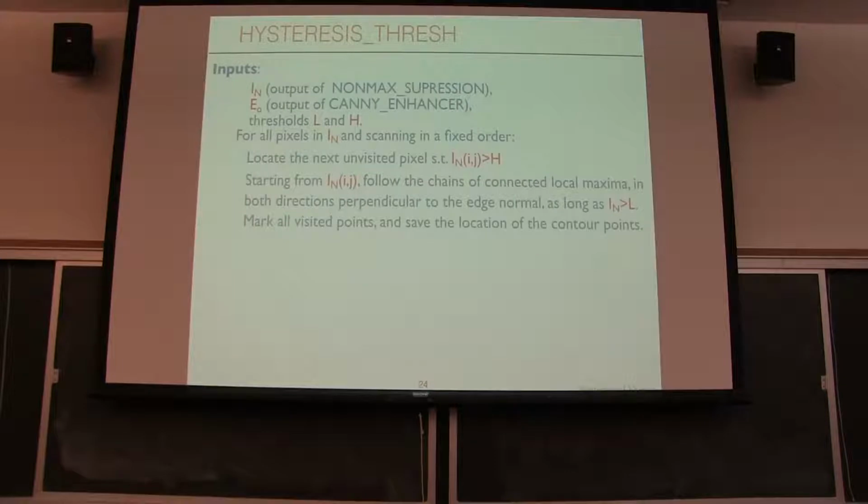Okay, so starting there, I make this local chain that goes from one pixel to its neighbor using a four-connected path or an eight-connected path. I had to decide that. Okay, and as long as that neighbor is greater than the lowest threshold, I will pick it up. Okay, and when I run out of that, I follow my scanning until I find a place that I have not been before. Okay, so very simple.